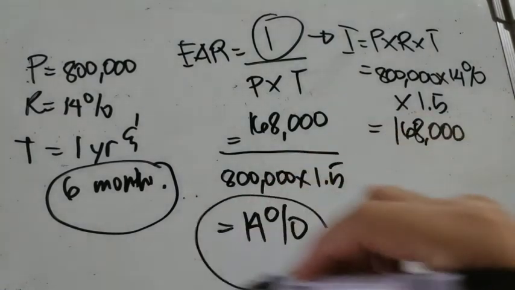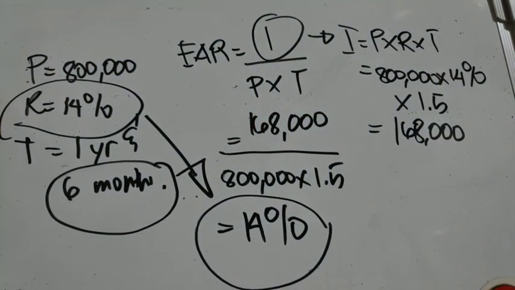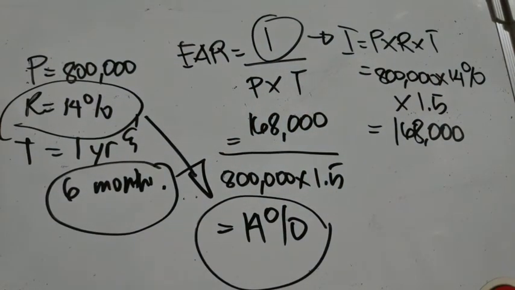So as you can see, the nominal annual interest rate is the same as the effective annual interest rate. So that is the process for illustration number 3. All of those computations are the process of getting the effective annual interest rate for the simple interest on a bank loan.